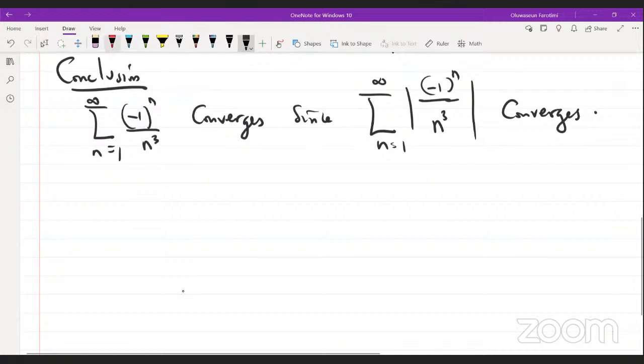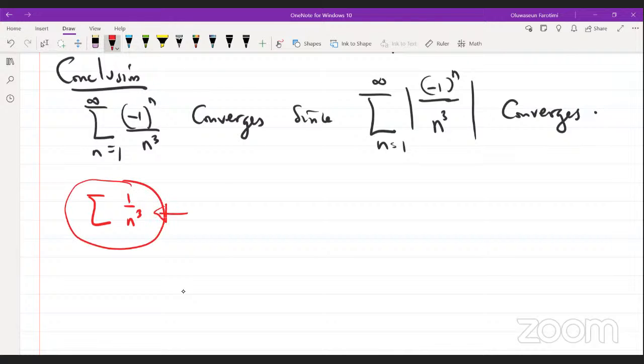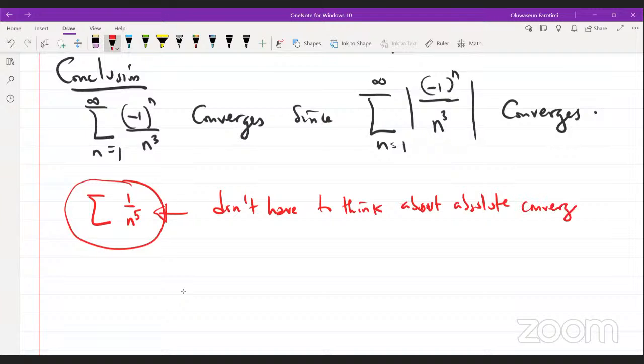Suppose the original thing we're handling is this. So that you don't think it's the same question, let me just change this to 5. So we don't have to think about absolute convergence, since what, guys?